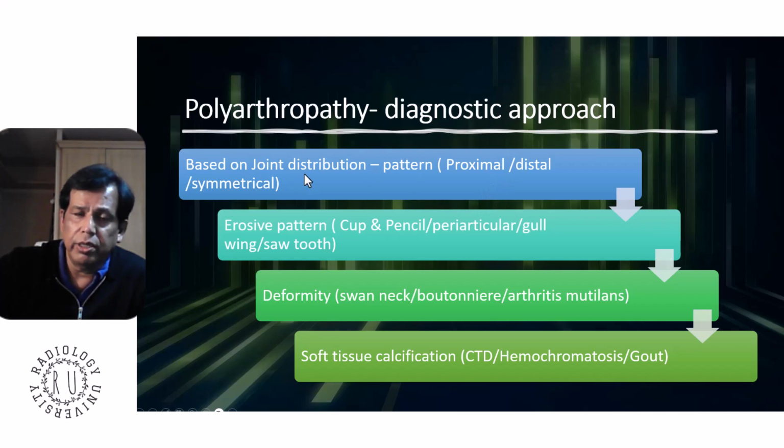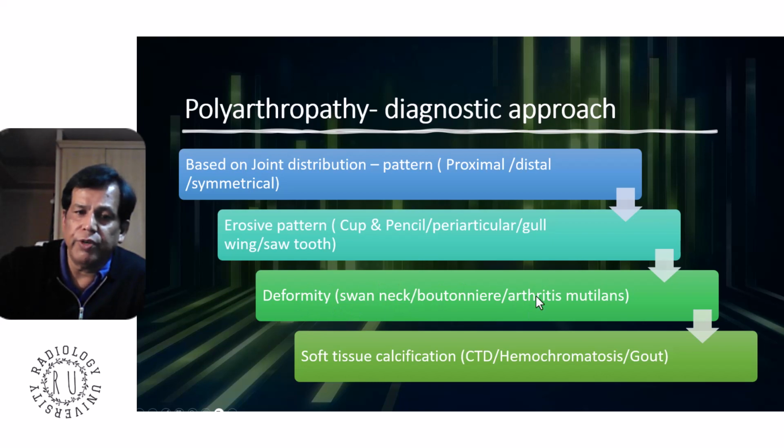So now coming to a summary chart based on joint distribution: proximal, distal, poly. As I said, distribution, erosion: cup and pencil, psoriatic; periarticular, RA; gullwing, erosive OA. This is where you have to see what type of erosion, where it is, and the type of distribution. When it comes to deformity: swan neck, RA; boutonniere, RA; mutilans, psoriatic.